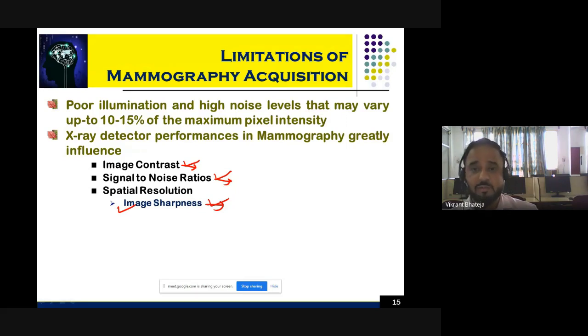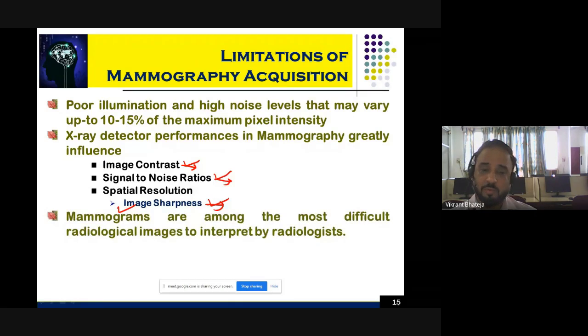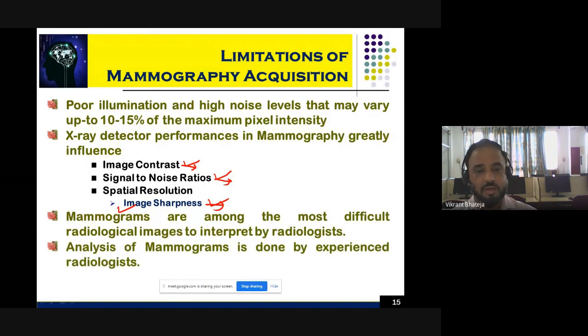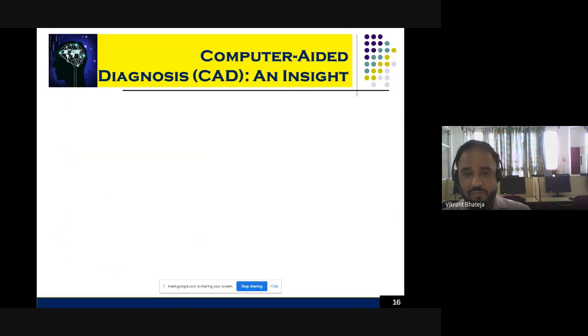Until we have an enhancement filter or algorithm which balances all these three attributes, we will see in the results that the technique will not provide a sufficient amount of visualization. That is why mammograms are among the most difficult radiological images, and you require a very senior, very experienced radiologist to analyze them.